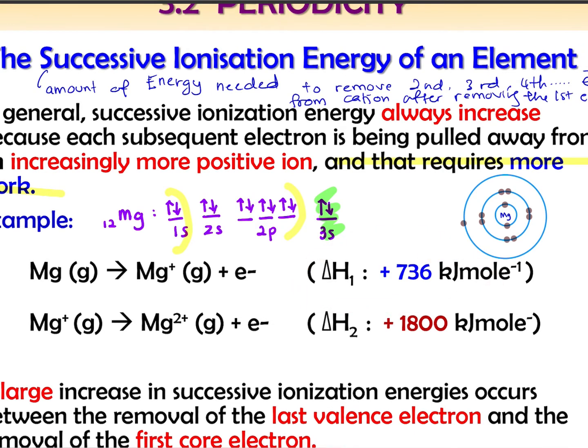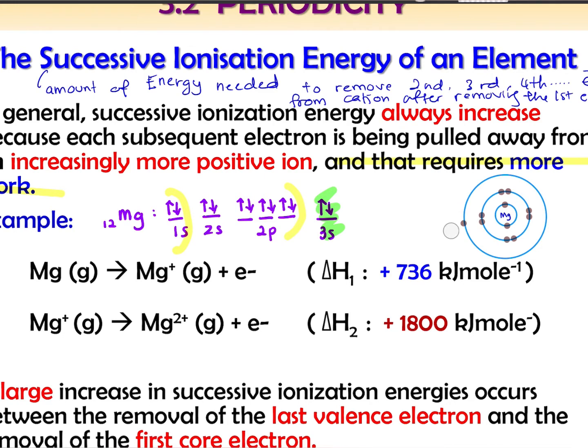It absorb this much amount of energy, positive 736 kilojoule. Positive ni maksudnya it absorb energy lah. So, you can remove elektron yang tadi ada kat sini, kita removekan dia. So you will form Mg plus ion. Okay, so bila Mg plus tadi absorb this much amount of energy, 1800 kilojoule, so you akan remove lagi satu elektron.